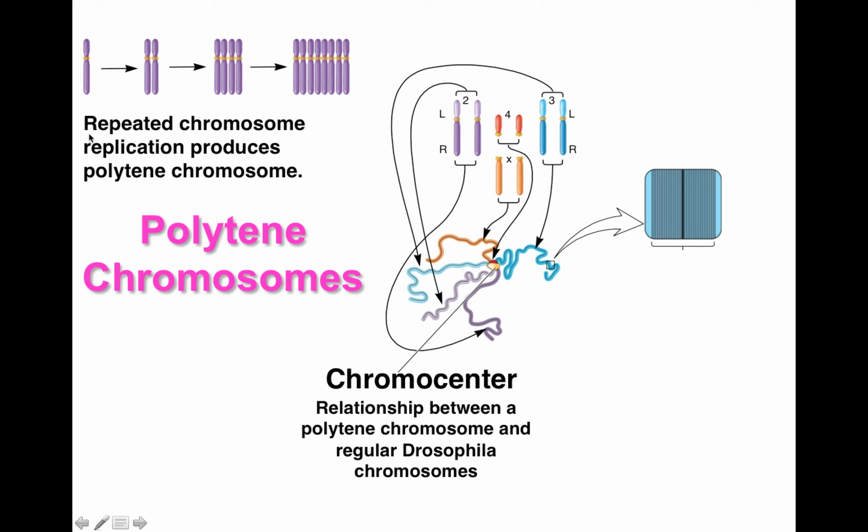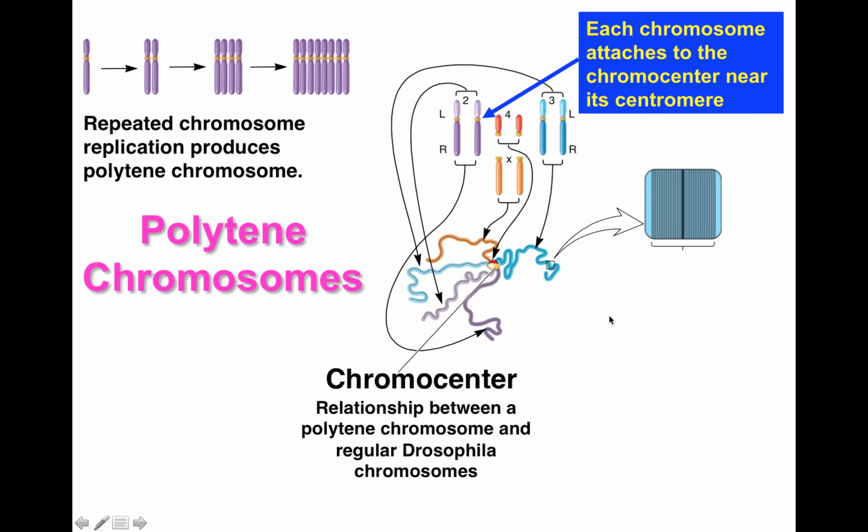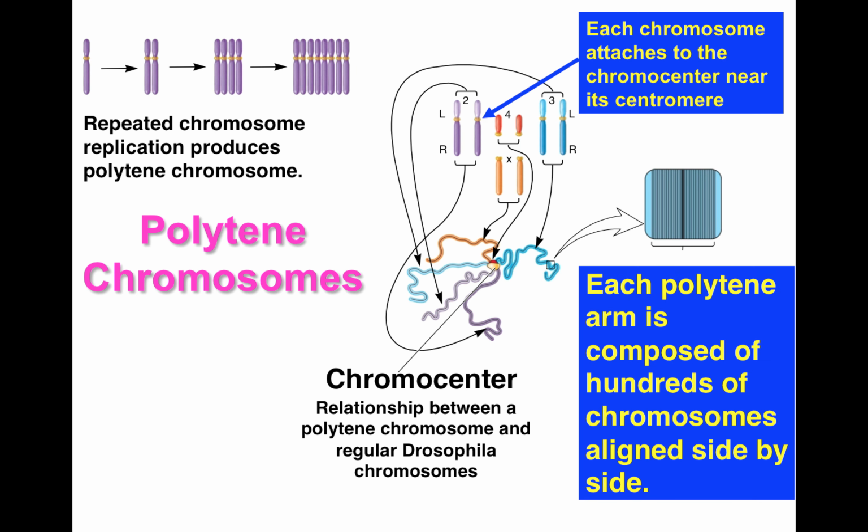They are produced by repeated replication, and having all of those strands of DNA that have been replicated remain together in one chromosome. They're all attached to each other at the chromocenter near the centromere. Each polytene arm is composed of hundreds of chromosomes aligned side by side.